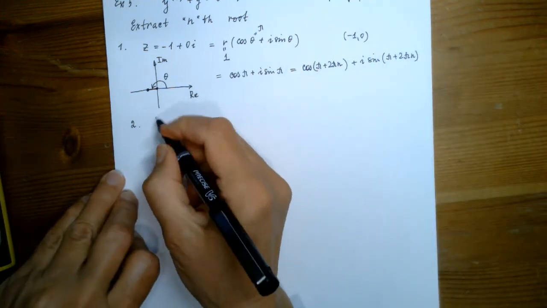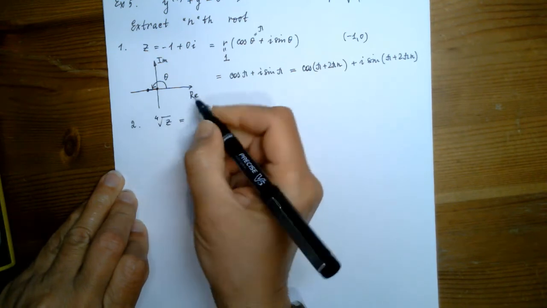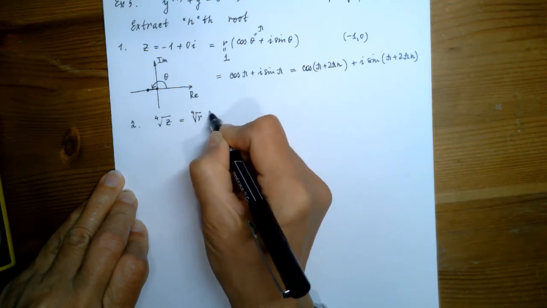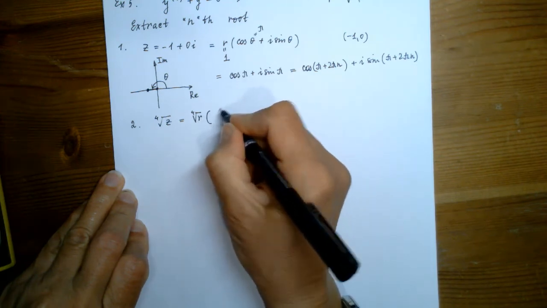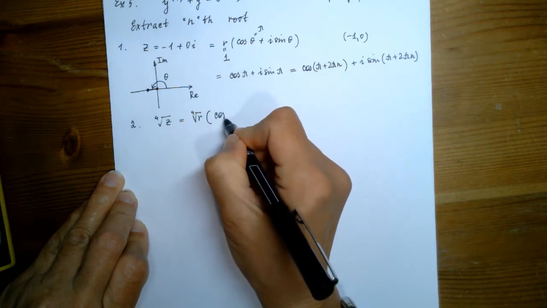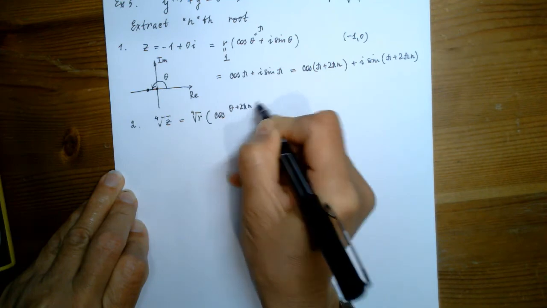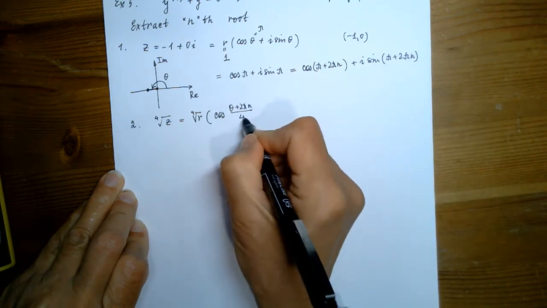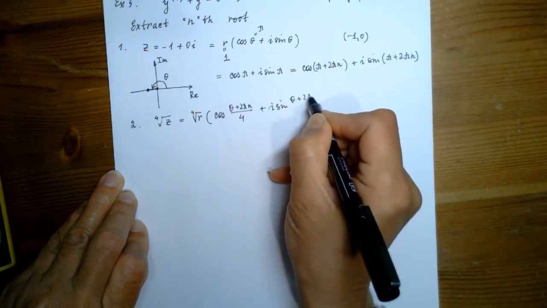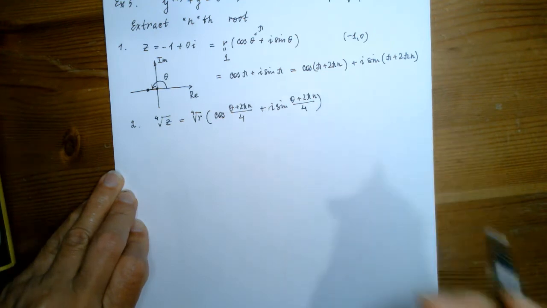Now, if you want to extract the fourth root of this z, you will need to extract the fourth root of r, and then divide this angle by 4. So it's going to be cosine of theta plus 2 pi n, divided over 4, plus i sine of theta plus 2 pi n divided over 4.